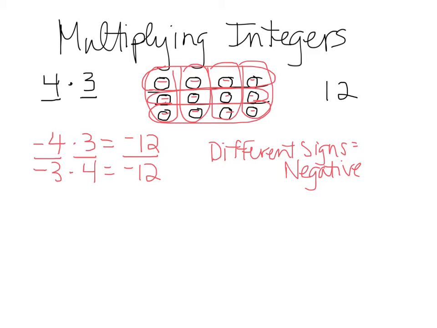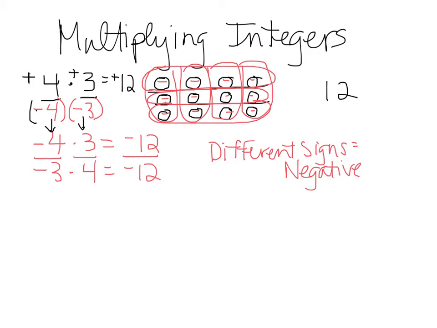You can also see here that I had the same signs. I had positive 4 times positive 3, and that equaled positive 12. And while I can't really model negative 4 times negative 3, you can see this example right below. The negative 4 is the same.